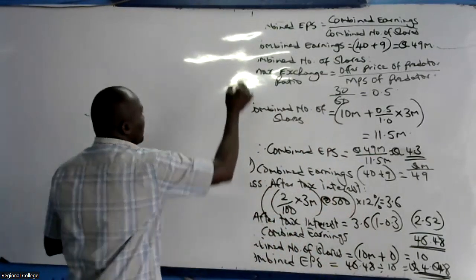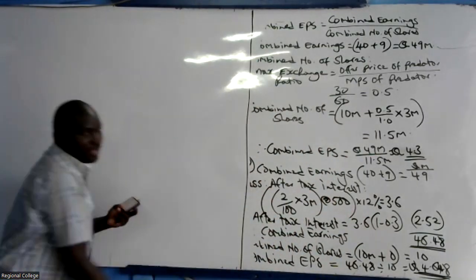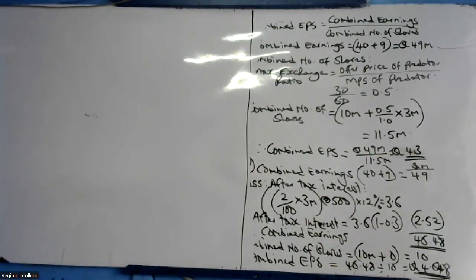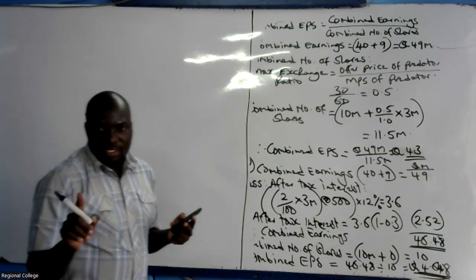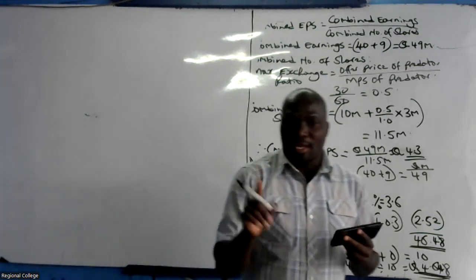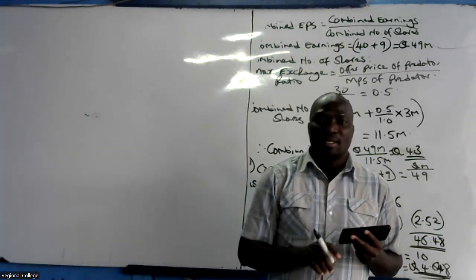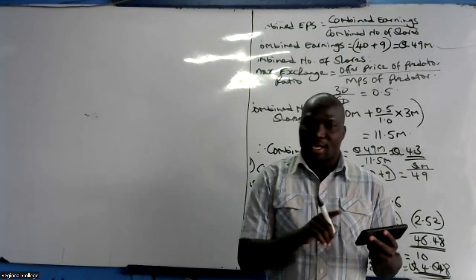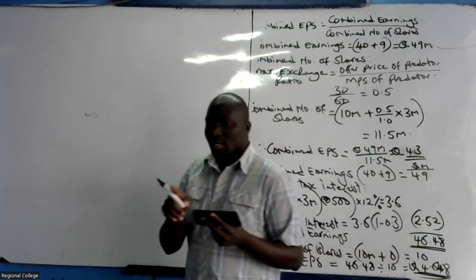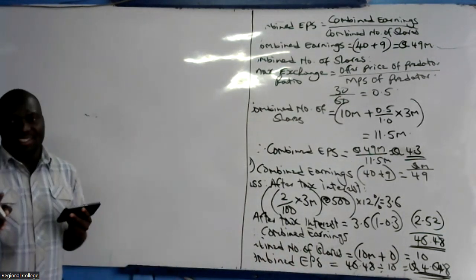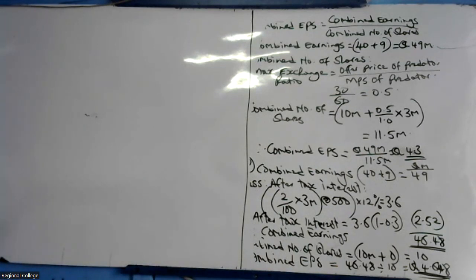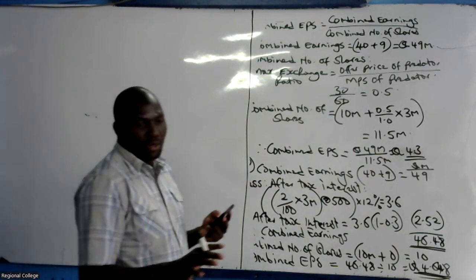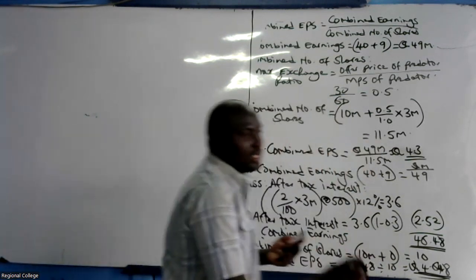It is the operating profit at which earnings per share is equal. It is earnings per share that is equal, but there is a point there. So the level of operating profit at which the EPS of the two financing options is equal.